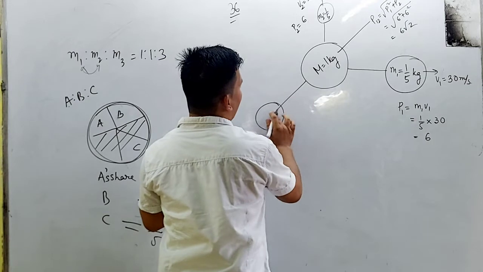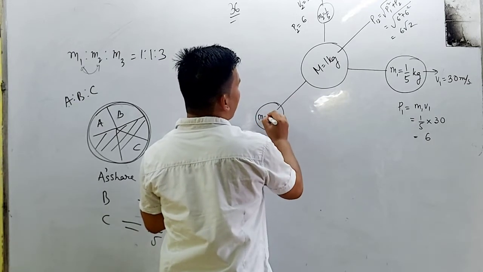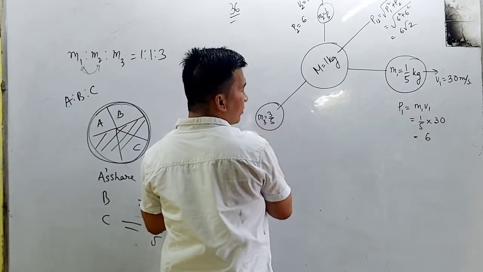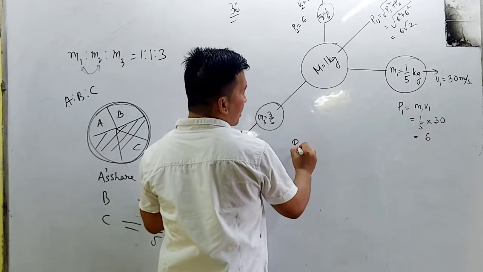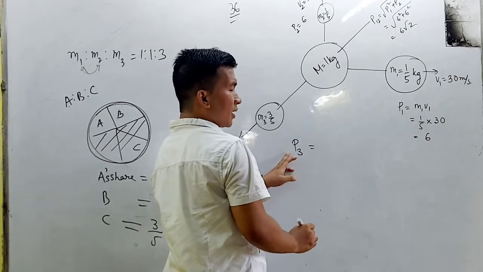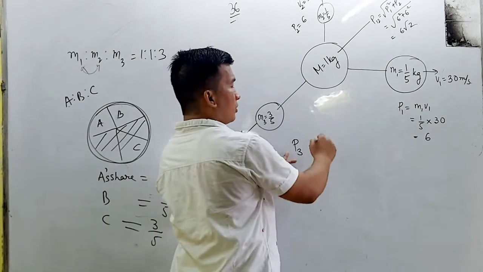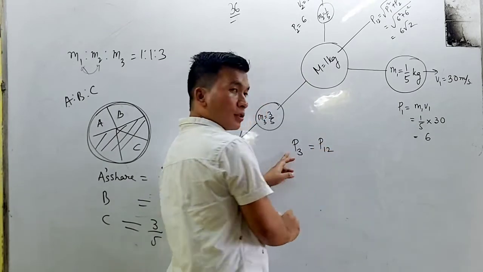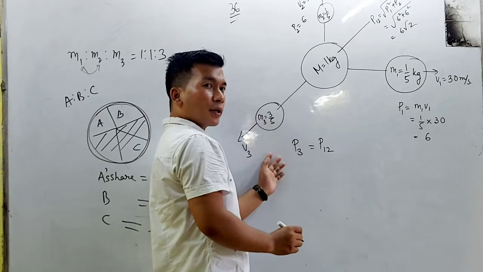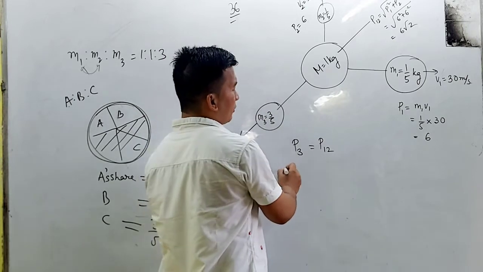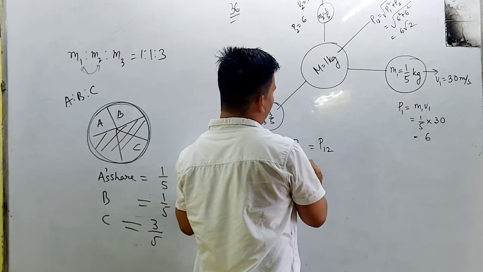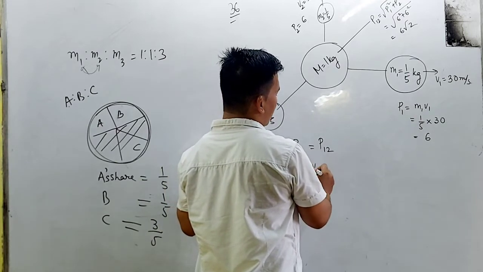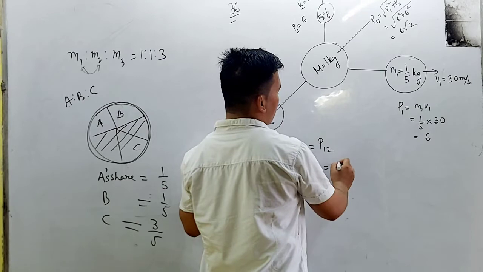Next part: your M3 will be equal to 3 by 5 kg, and it is moving with V3. Your P3 will be exactly equal to P12, the momentum, 6 root over 2.